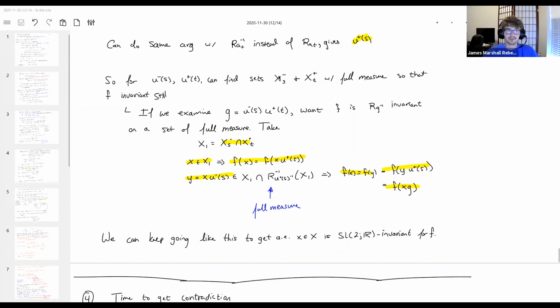So we can find one for u minus s with full measure, which we indicate with x minus s, and then we can find one of full measure for u plus t, which is x plus t. Full measure sets such that f is invariant when restricted to those sets. Yes, exactly.